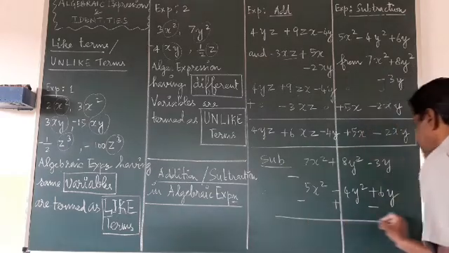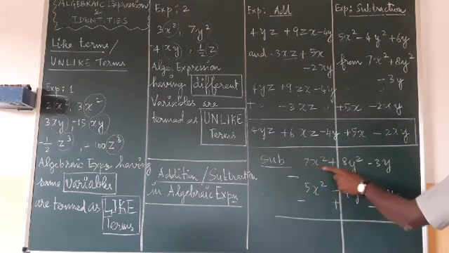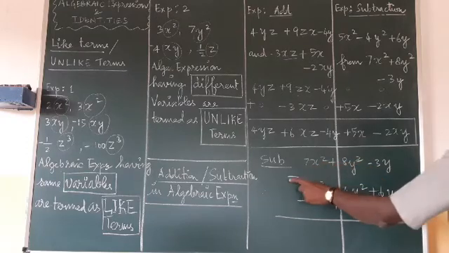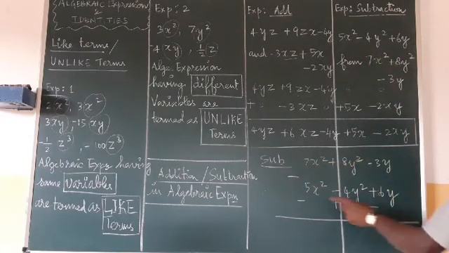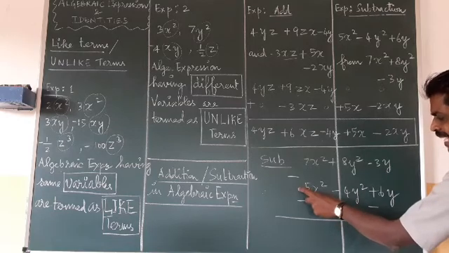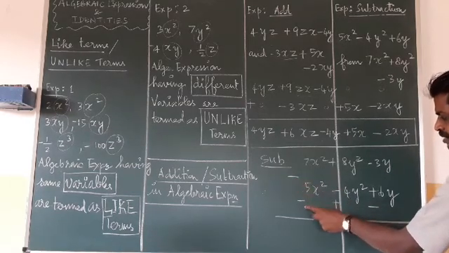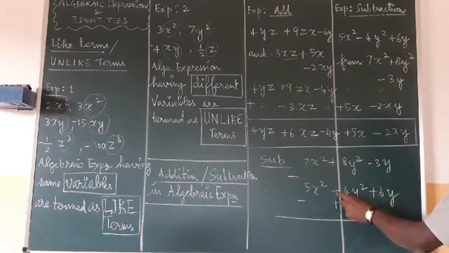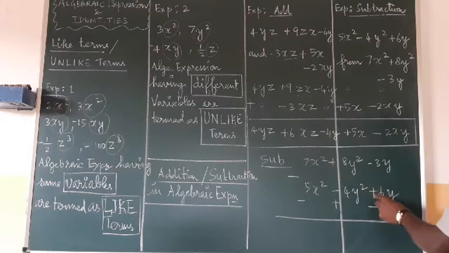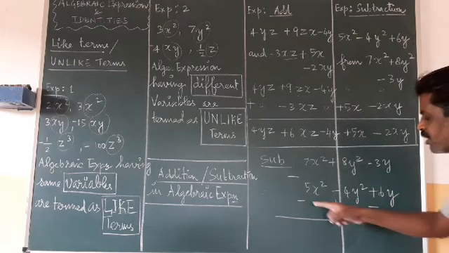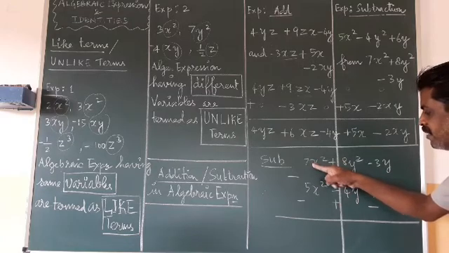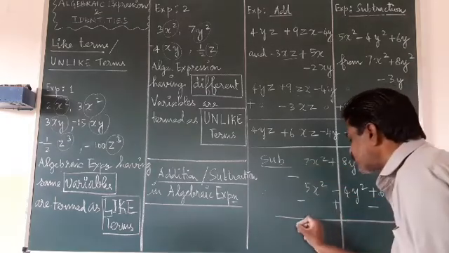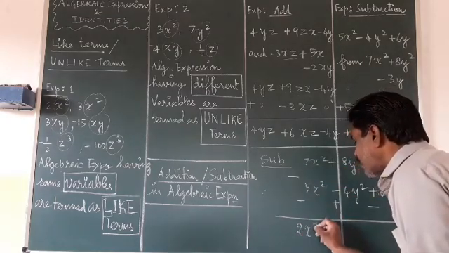Now you have to subtract it. See, first expression, second expression are written, minus of the first expression is written. Then I am doing the sign change: minus of plus, minus. Then minus of minus, plus. Minus of plus, minus. Now we have to use this sign. 7 minus 5x square, so 2x square.